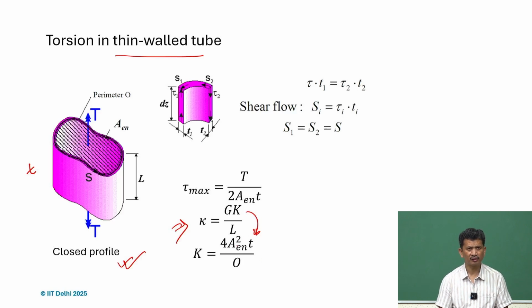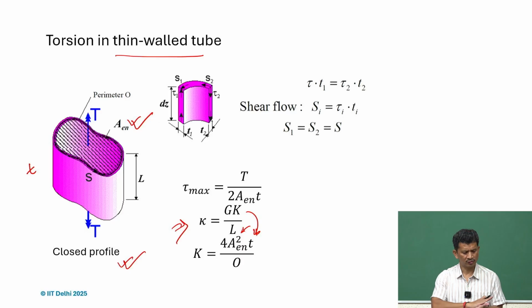When we look at this parameter, we realize that the entire area enclosed will come into the picture, and all the shear load will be uniformly distributed, and it will be taken over by the entire area.